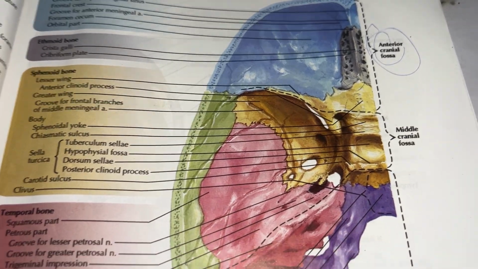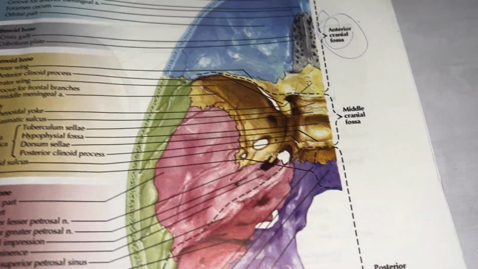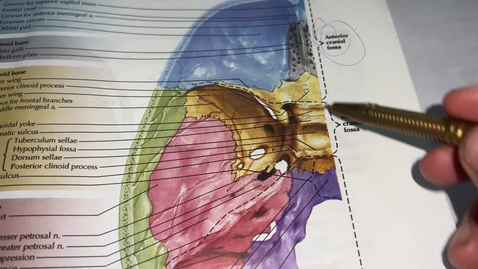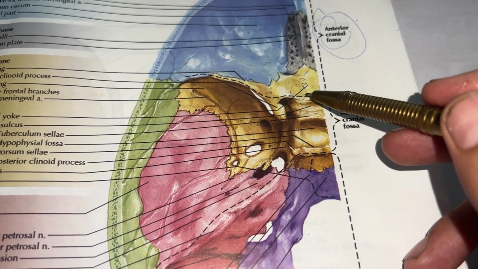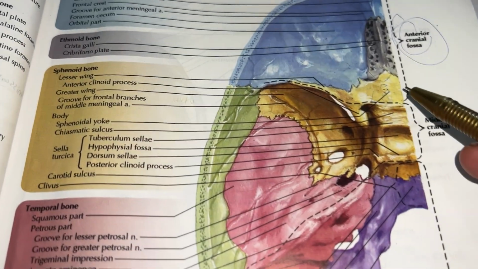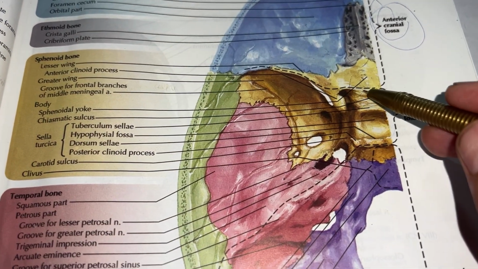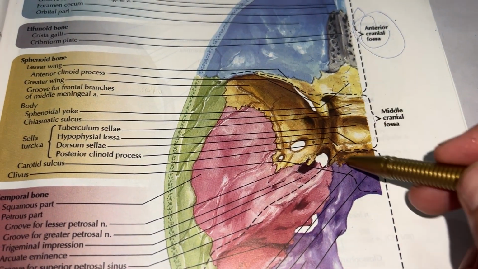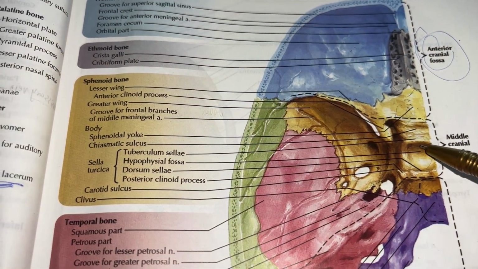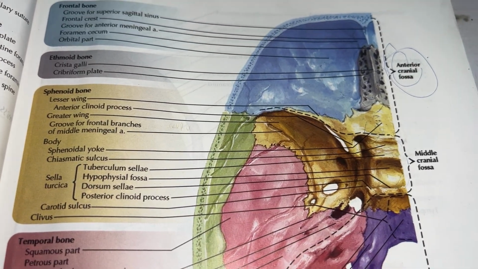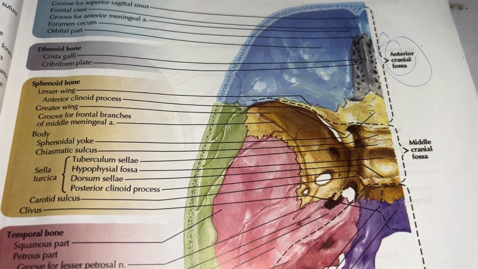Okay, now coming to the middle cranial fossa. This is all the middle cranial fossa, and its main characteristic is the sella turcica. So this part of the basilar part of the bone is called the sella turcica. You can see it, and the sella turcica has three parts.